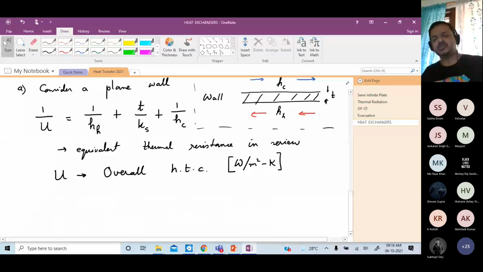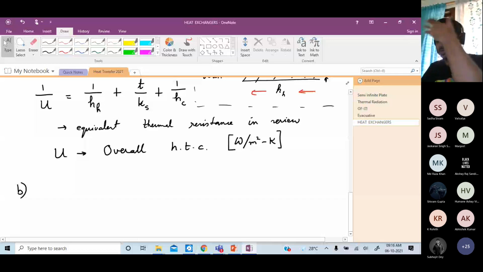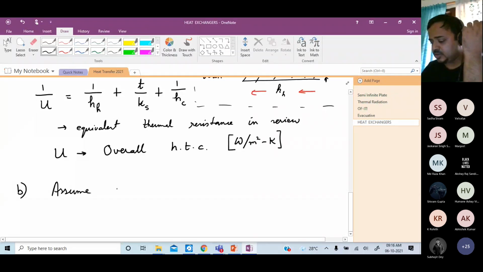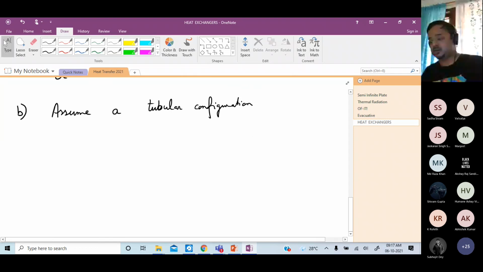This was a simple one. We have done more complex ones. In heat exchangers, which are probably more widely encountered, assume a tubular configuration: pipe inside a pipe, tube inside a tube, which is more common. In that case, what happens? Let us consider a circular tube.